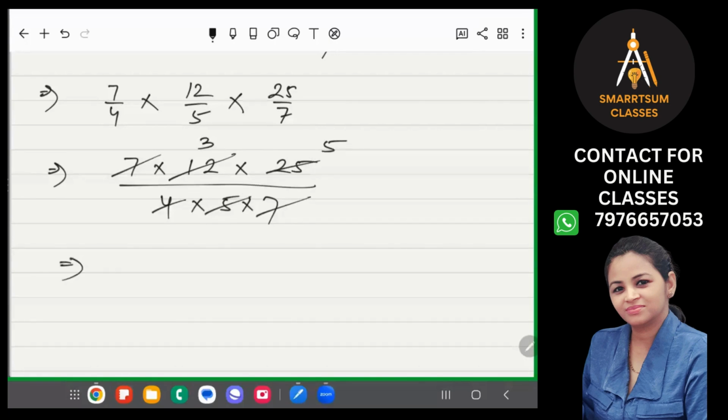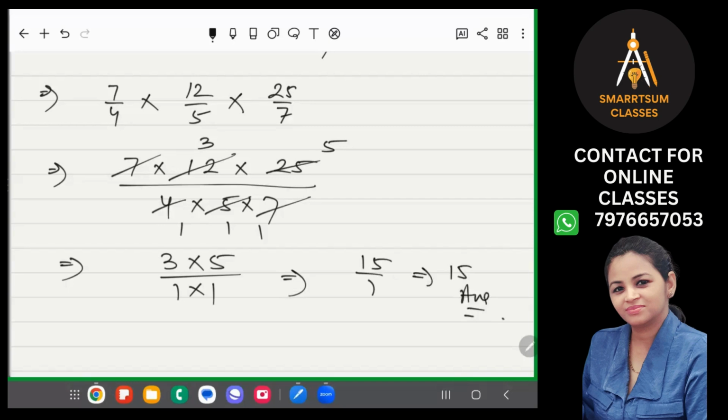So you are left with 3 into 5 in the numerator. In the denominator you have 1, so we are not writing it here. If you want, you can write 1 into 1. This will become 15 upon 1, which is 15. So in this way we can multiply and divide fractions together. Is it clear?